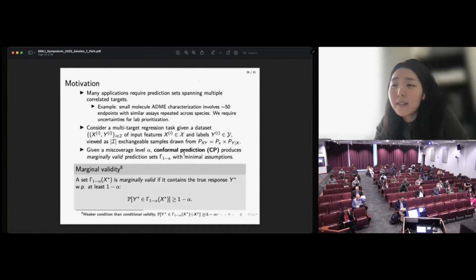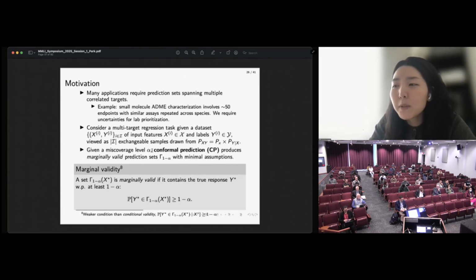Conformal prediction is a very attractive framework for equipping any regressor model, even point estimators, with calibrated uncertainties. So say we choose miscoverage level alpha, and this is the fraction of times that we're willing to be wrong.